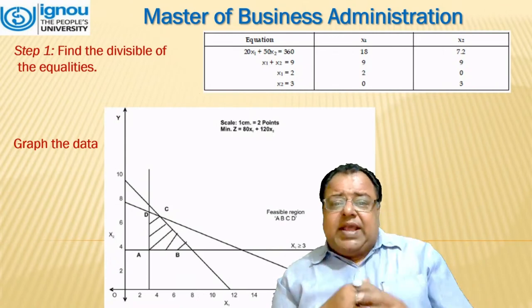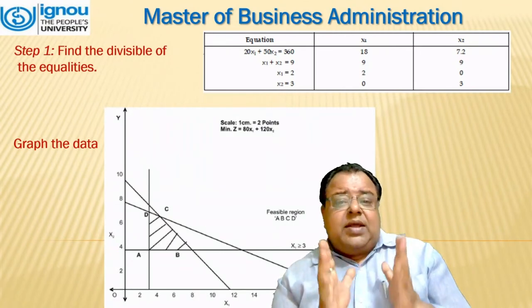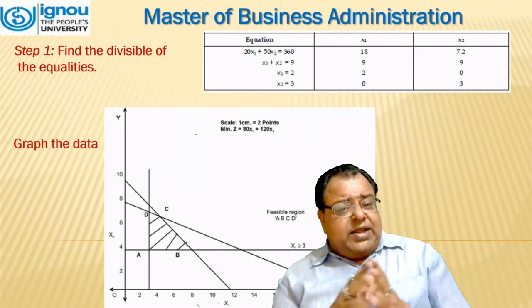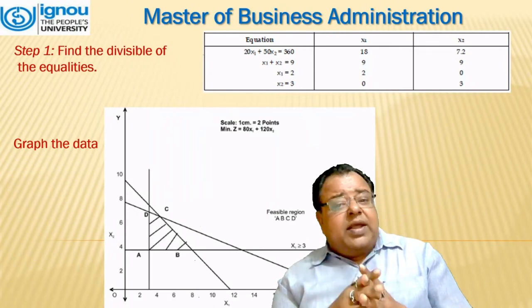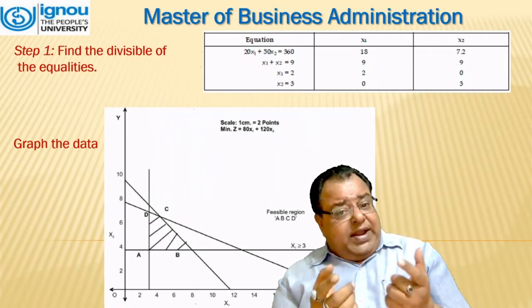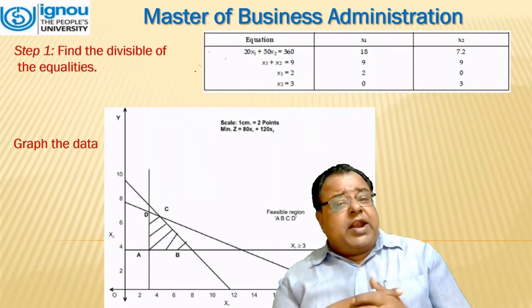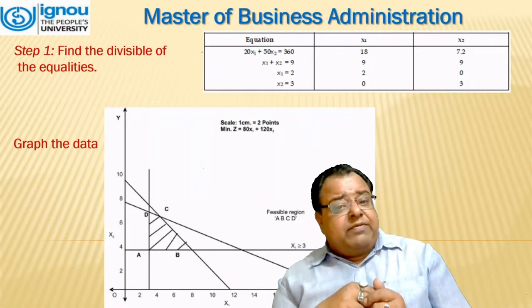If we talk about 20x1 plus 50x2 equal to 360, we will be dividing both sides by 360. It will be 20x1 by 360 plus 50x2 by 360 equal to 1, and we will be converting it to x1 by a form. That means 360 divided by 20, which comes out to be 18, and 360 divided by 50, which is 7.2.